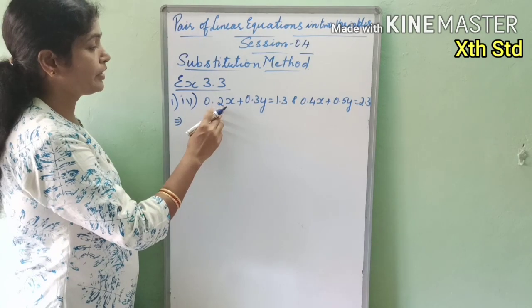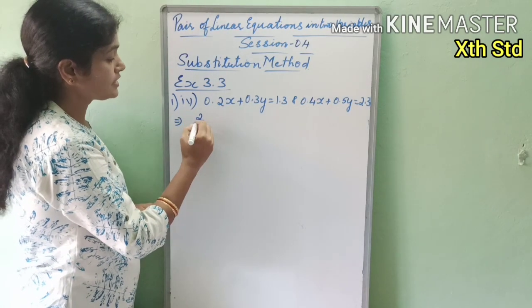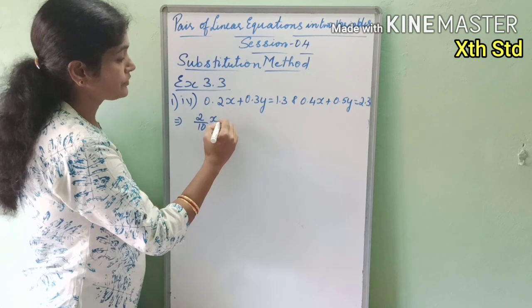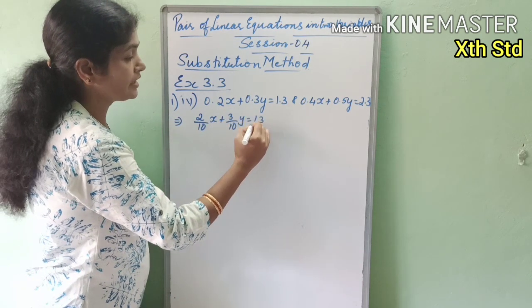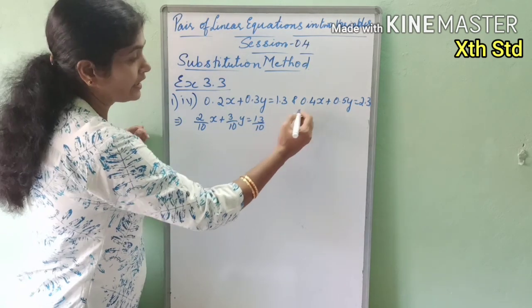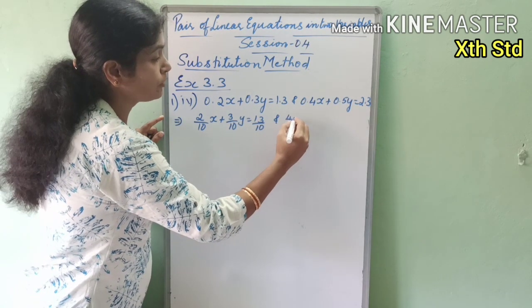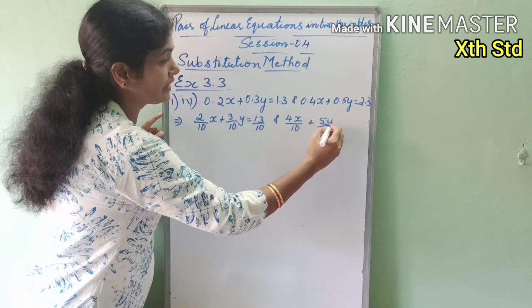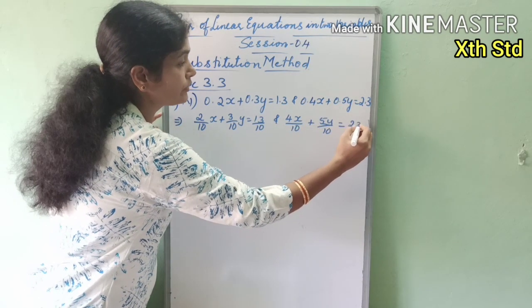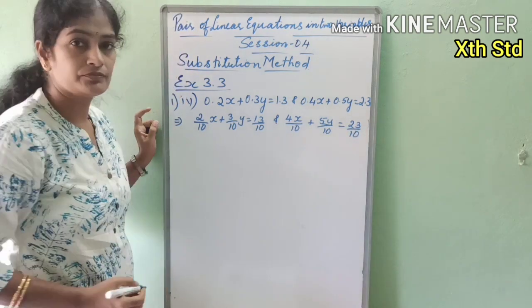So this 0.2x can be written as 2 by 10 x plus 3 by 10 y equal to 13 by 10, right? And this one, 4x by 10 plus 5y by 10 is equal to 23 by 10. Fine.